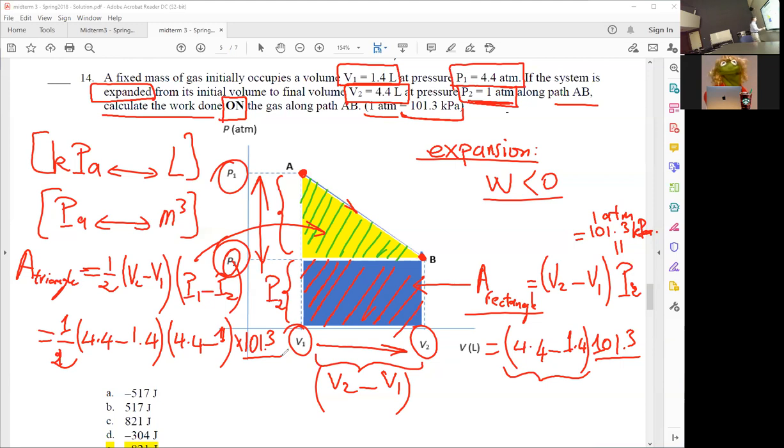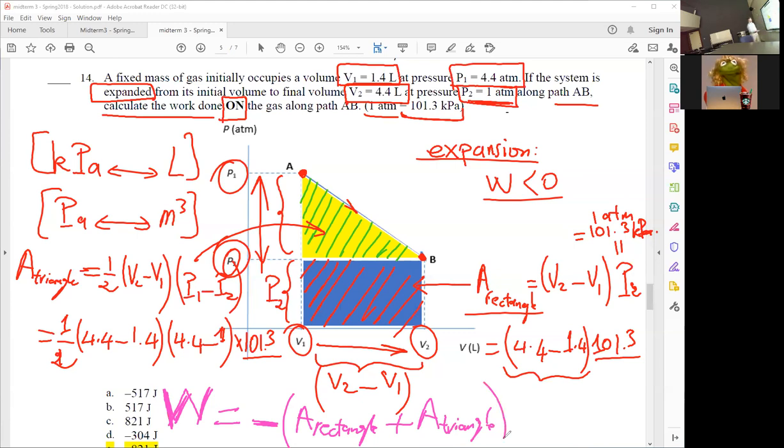So the work then, let's change color, maybe in purple. So the work done will be, I'll put a negative sign. Work done will be equal to minus the area of rectangle plus area triangle.